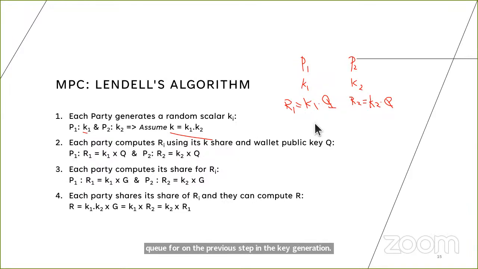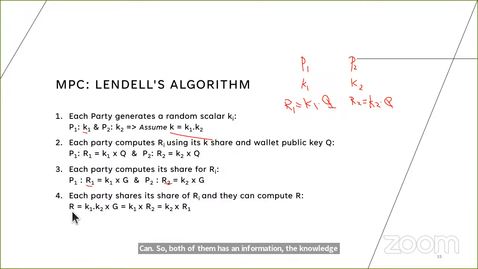Consequently, we can acquire little r as the x coordinate of each big R. Okay. So we have R1 and R2 generated by party 1 and party 2, and then they share their computed R. So both of them have the knowledge of R1 and R2.